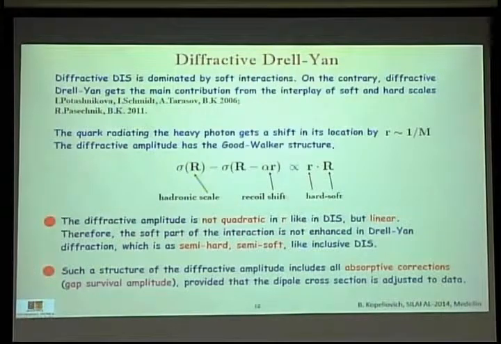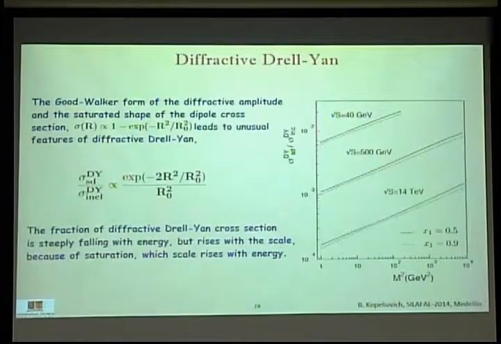So you have hard and soft contributing on the same footing to diffractive Drell-Yan. So the physics changes. And also, this form includes all absorptive corrections. You don't need to add here a survival probability.